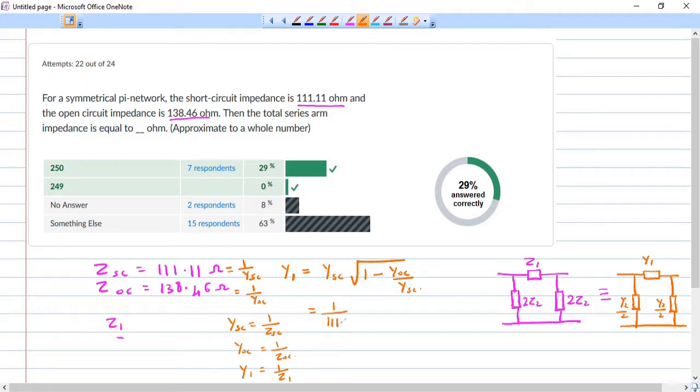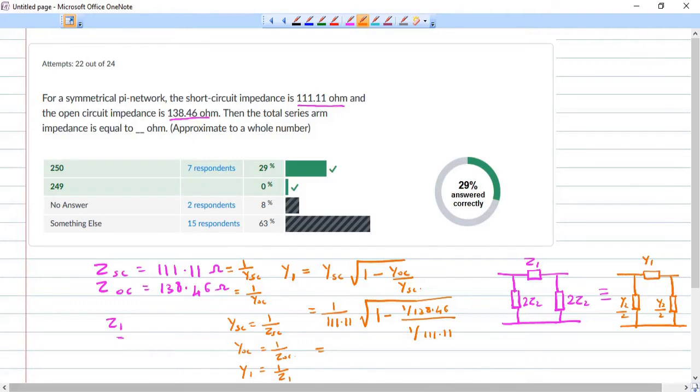So we can substitute YSC as 1 by 111.11 root of 1 minus YOC by YSC. So that will be equal to 1 by 138.46 divided by 1 by 111.11.